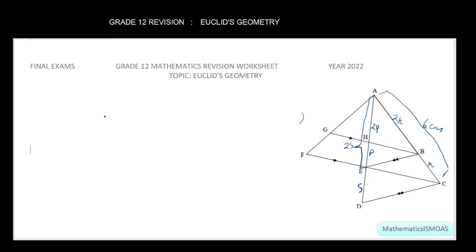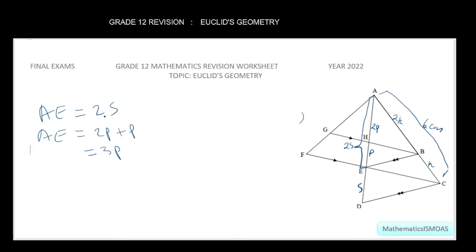Let's choose to write P in terms of S. You can either write S in terms of P or P in terms of S. Let us write P in terms of S. How do we do that? Let's look at AE. AE is equal to 2S, but also AE is equal to 2P plus P, which is 3P.